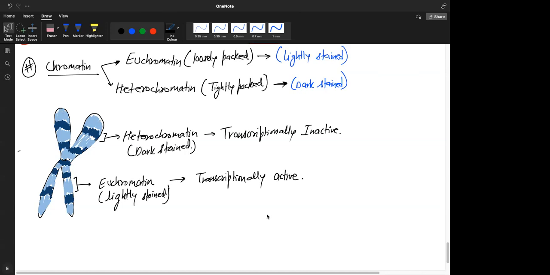Many genes which are required only in a particular organ or a particular type of cell are expressed in that cell type. They are not expressed in other cell types, because by using this mechanism, those genes which are not required in a particular cell are heterochromatized. You make those genes transcriptionally inactive.